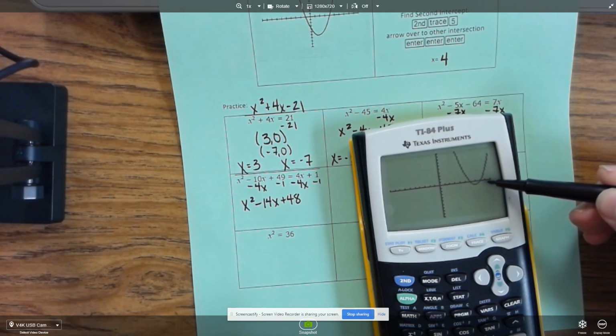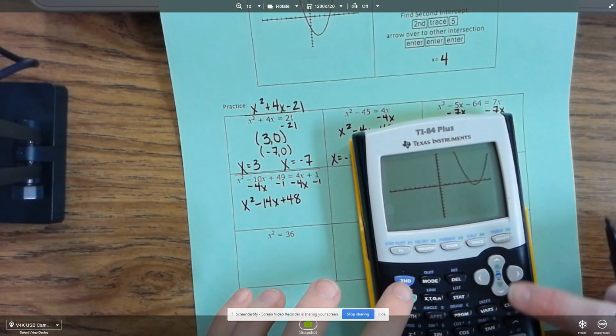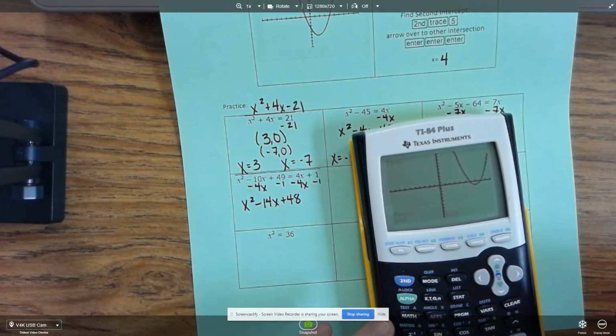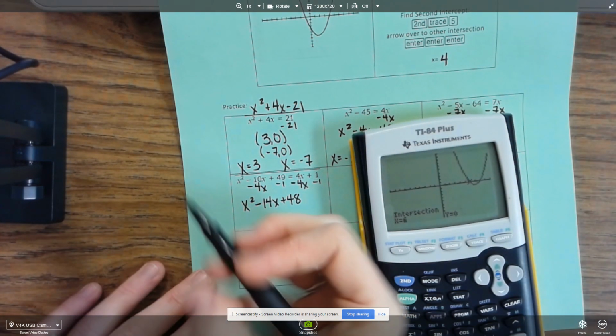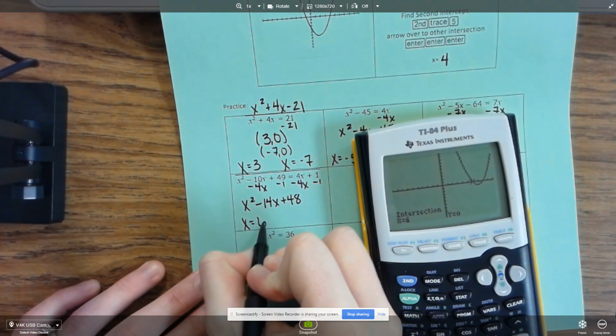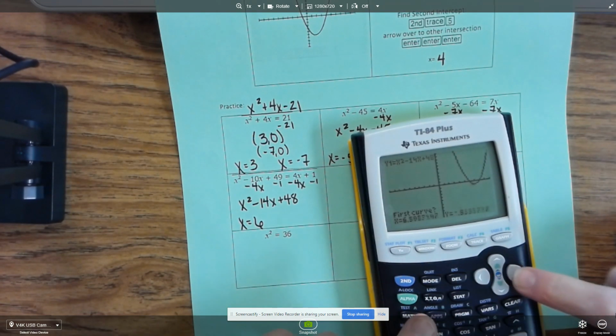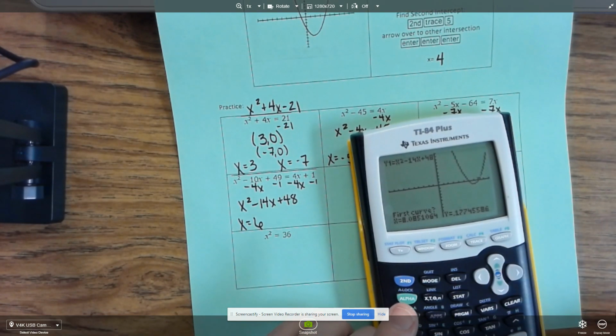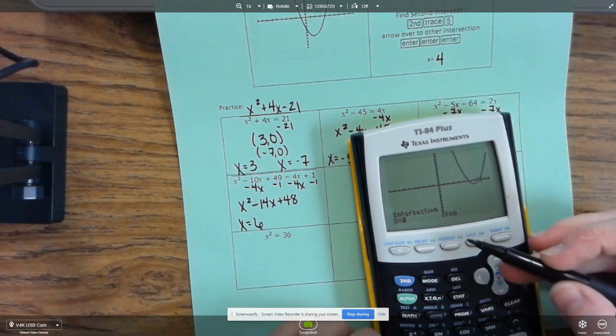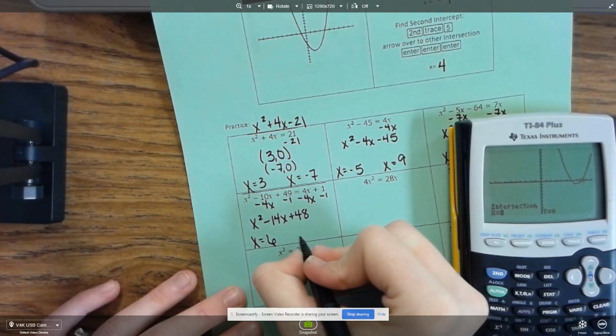Okay, so we do have two intercepts. So our first one is at x equals 6, and then second trace 5, and scoot over to the other one, enter, enter, enter, and x equals 8.